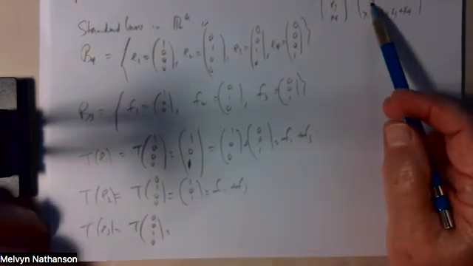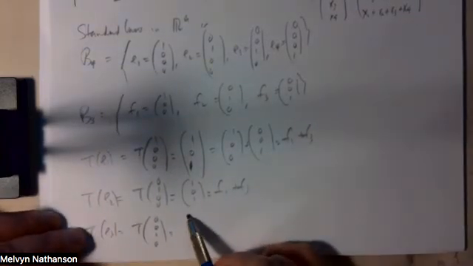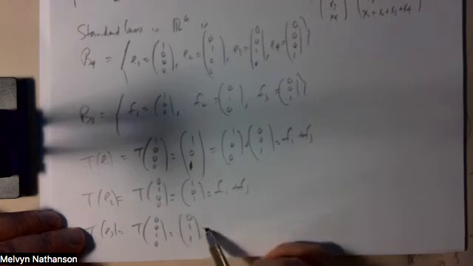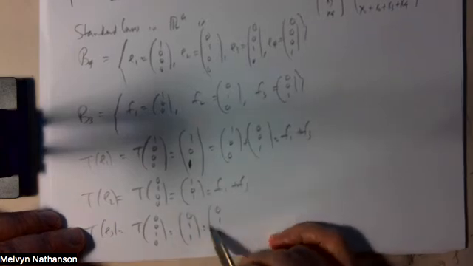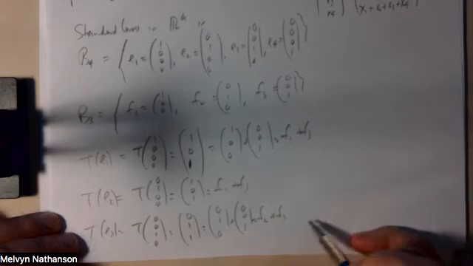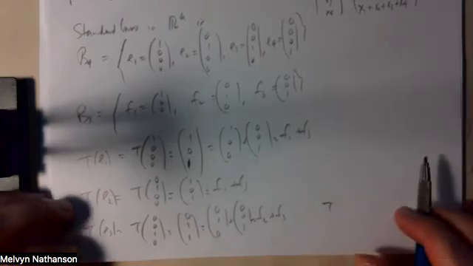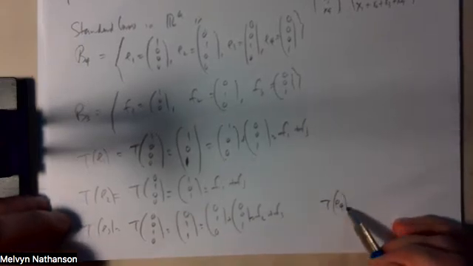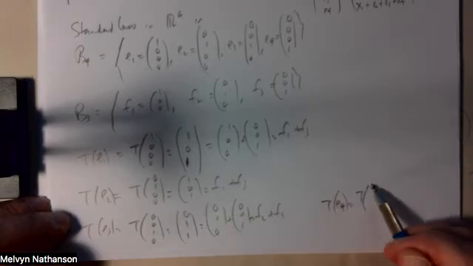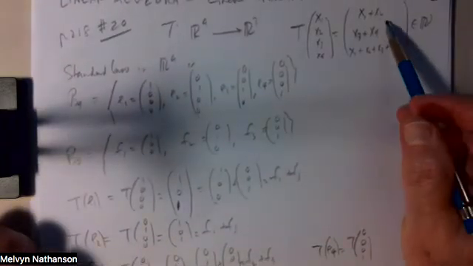So when x3 is 1 and everything else is 0, I get 0, 1, 1, which is 0, 1, 0 plus 0, 0, 1, which is F2 plus F3. And if I compute T of E4, which is T of 0, 0, 0, 1, when x4 is 1 and everything else is 0, this is again 0, 1, 1, which is F2 plus F3.